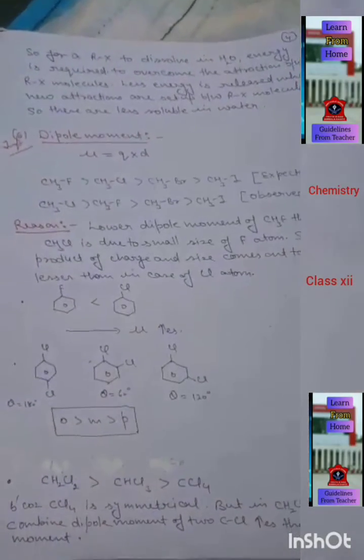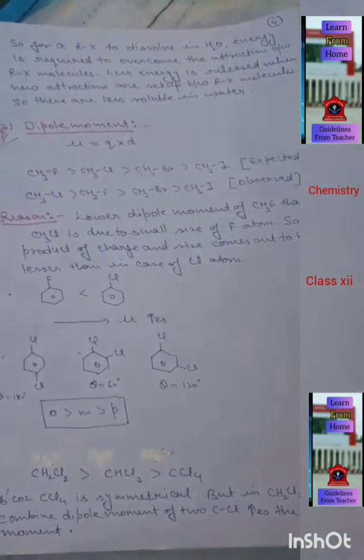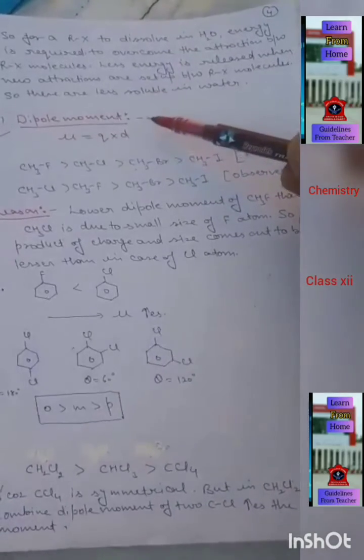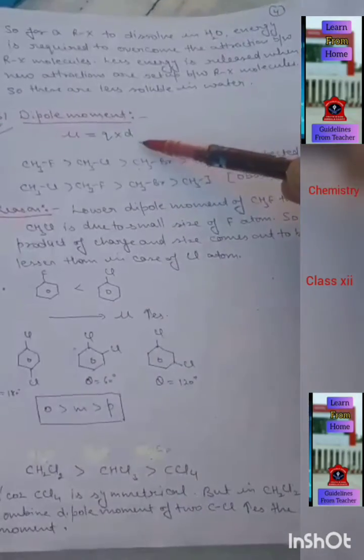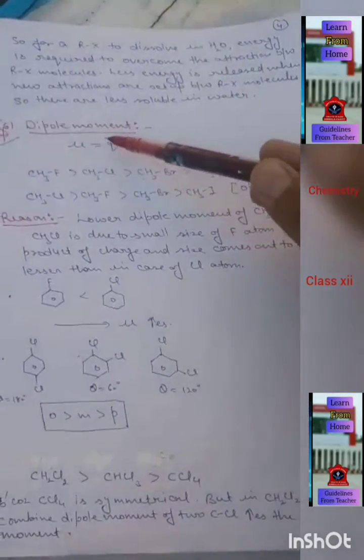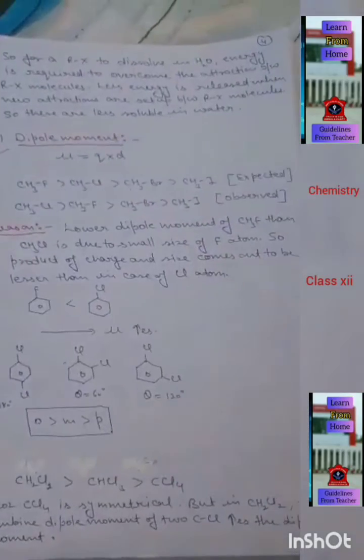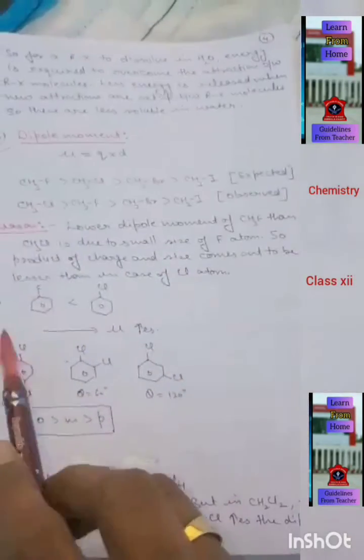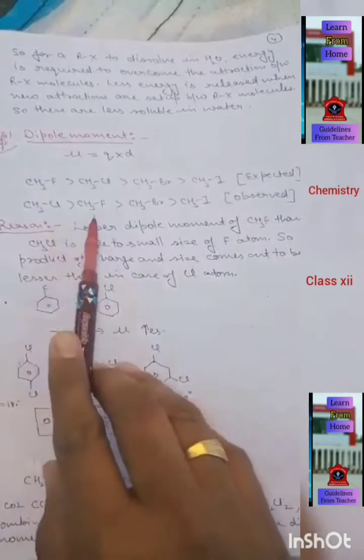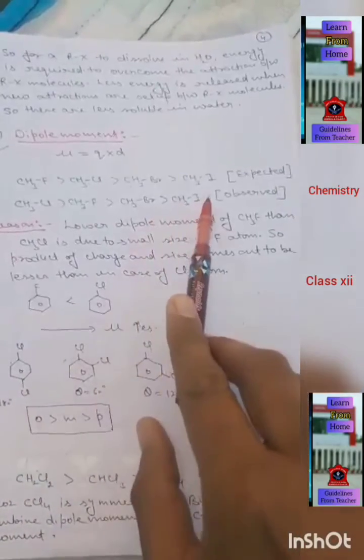This is another important physical property of haloalkanes: dipole moment. We have learned in class 11th, dipole moment is represented by Q into D. Charge and distance decide the dipole moment of a molecule. As we talk about alkyl halides, CH3F, CH3Cl, CH3Br, CH3I.